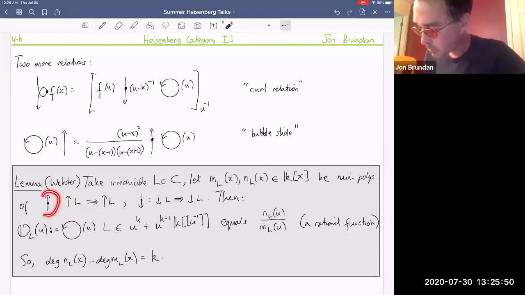And so this dot on the upward strand defines a natural transformation from the up functor applied to L to itself.